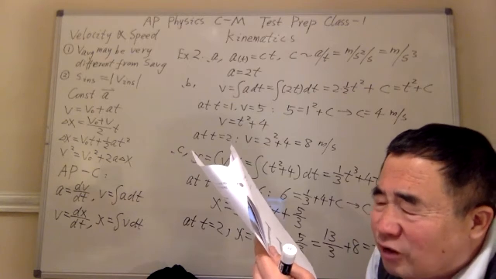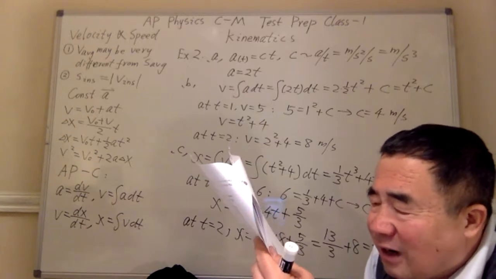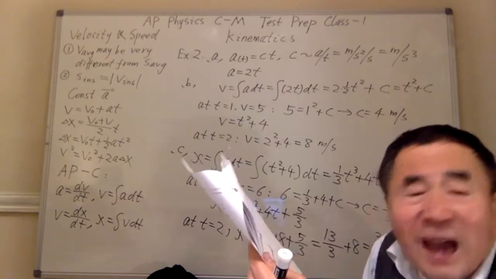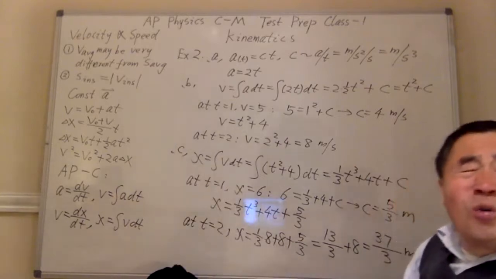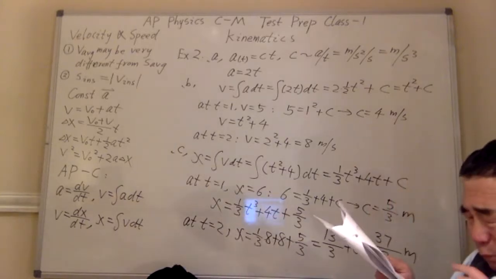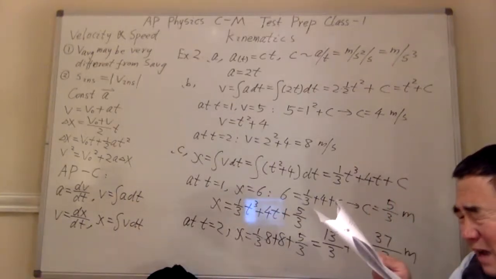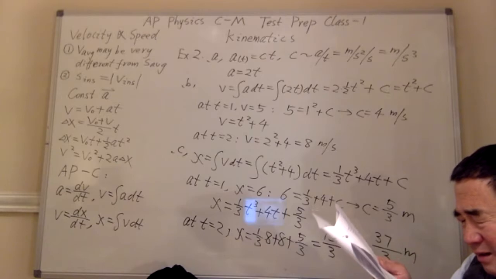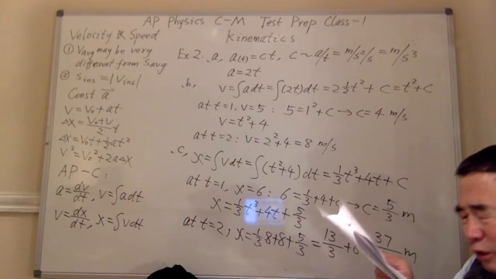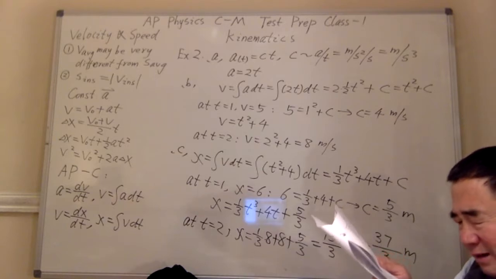Hold it so that it touches an uncompressed ideal spring. We need your knowledge of springs. Then, as shown in the figure, students push the glider and compress the spring by 0.25 meter.